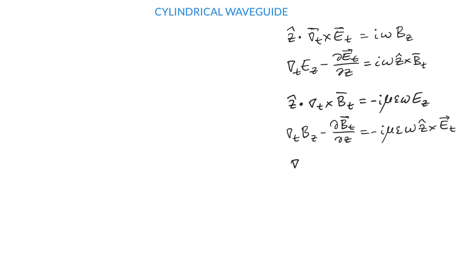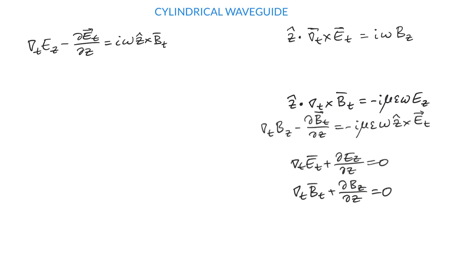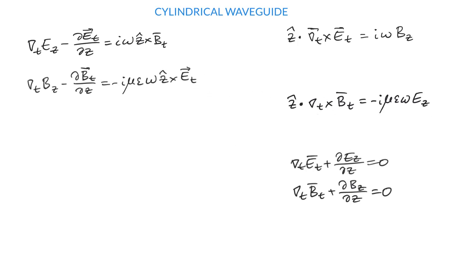So I have ∇t·Et plus dEz/dz equals 0, and a similar equation for B. So here we have completely rewritten all the Maxwell's equations with the transverse and axial parts separated. In fact, for the following, we'll just need two of them, this one and this one.